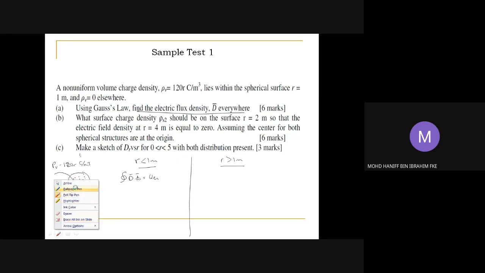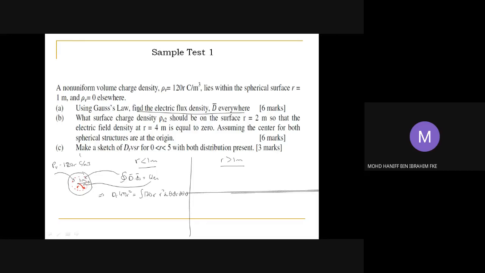Then we have the Gauss's law equation. The left hand side is the integration over this Gaussian surface, and the enclosed charge is the charge inside the Gaussian surface. So we have D_r times 4 pi r squared for the left hand side, while for the right hand side we have the integral of 120 r squared sine theta dr d theta d phi.